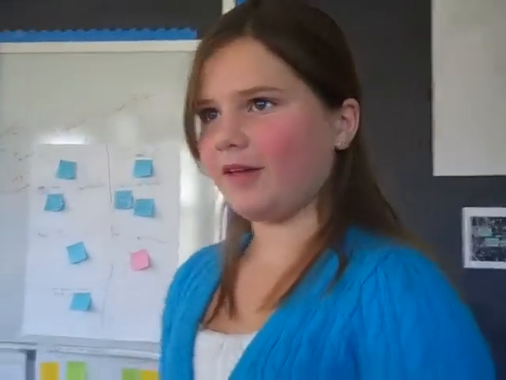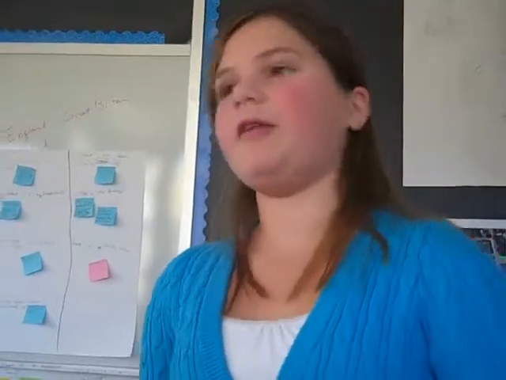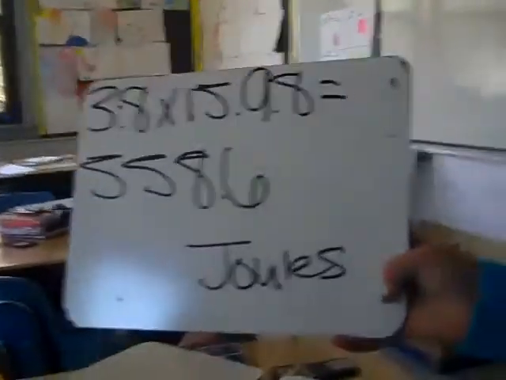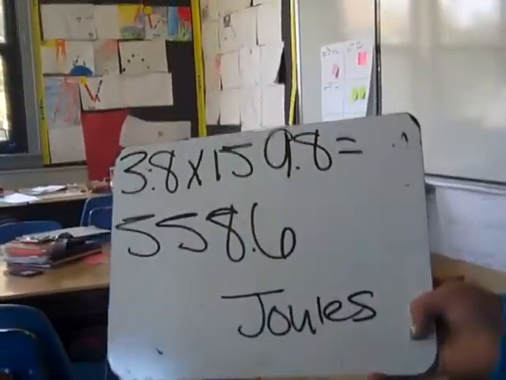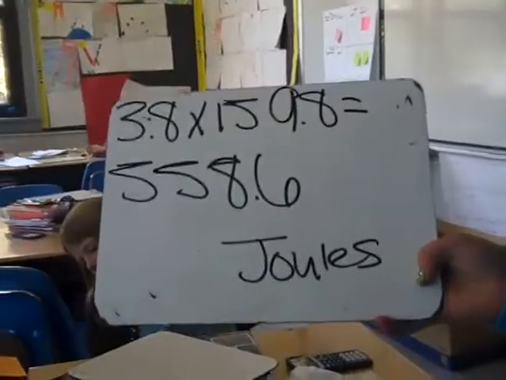Okay, so what we're gonna do to get the joules of how much our pumpkin will get on the playground, we're gonna do 3.8 times 15 times 9.8. What was 3.8? The mass of the pumpkin. Right.